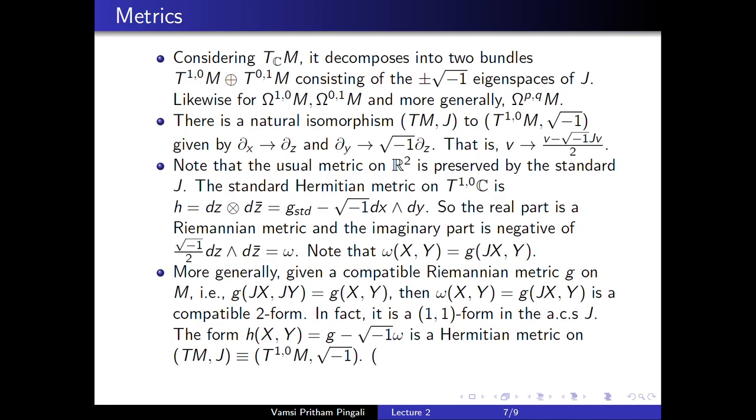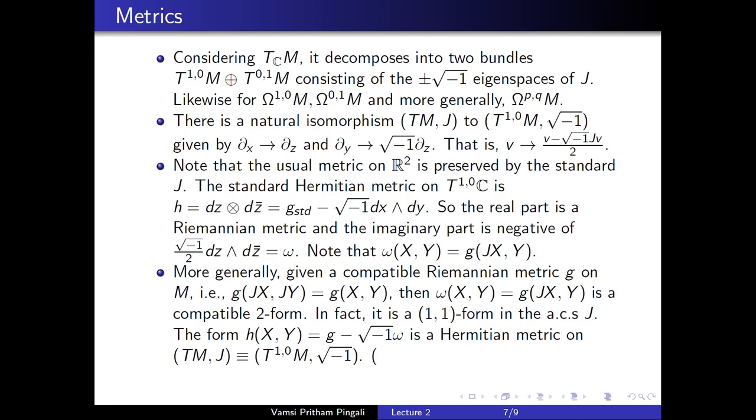And vice versa, if you give me a Hermitian metric over here, its real part is going to be a Riemannian metric, its imaginary part is going to be a 1-1 form. And if you know this form, you can recover this metric. If you know this metric, you can recover this form. So this form carries all the information about this metric.